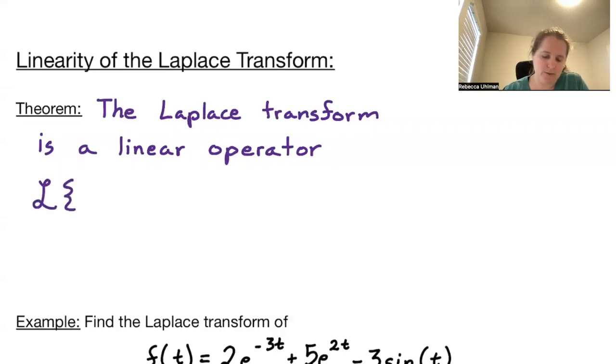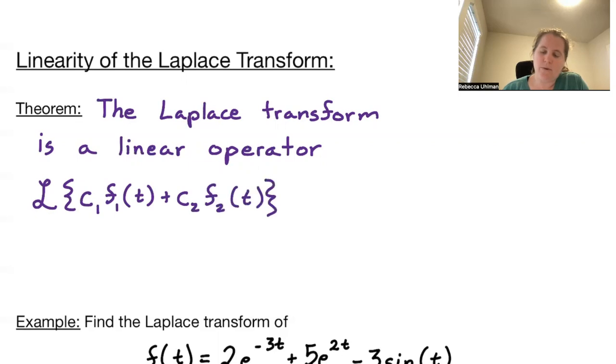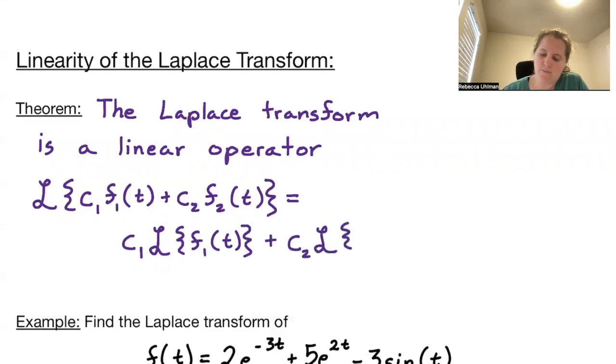So let's say we wish to take the Laplace transform of C1 times F1 of t plus C2 times F2 of t. We can essentially split this as C1 times the Laplace transform of F1 of t plus C2 times the Laplace transform of F2 of t.